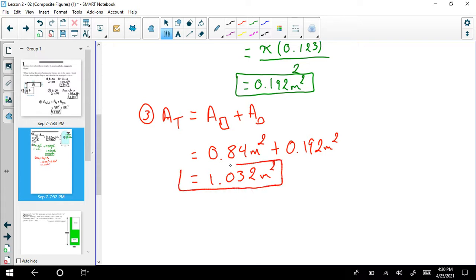And that right there is the total area of my composite figure.